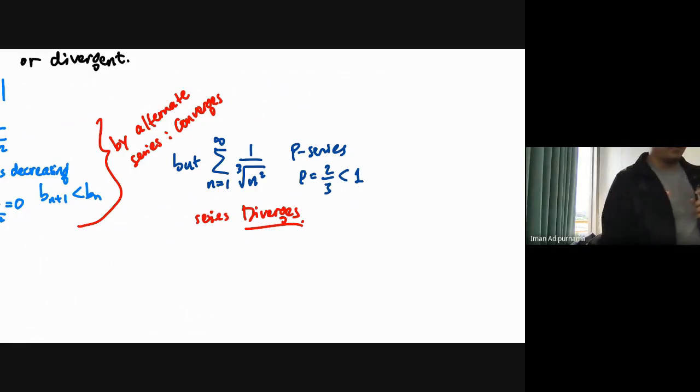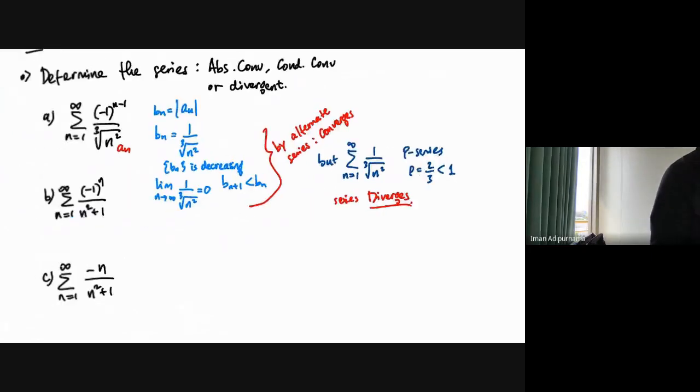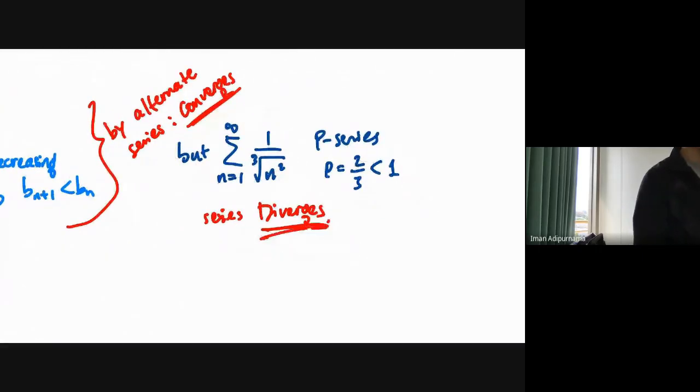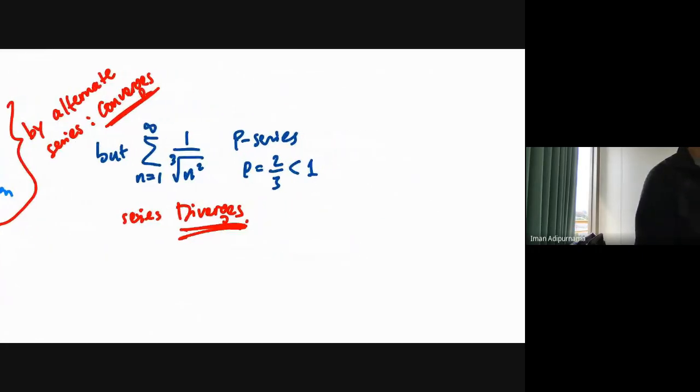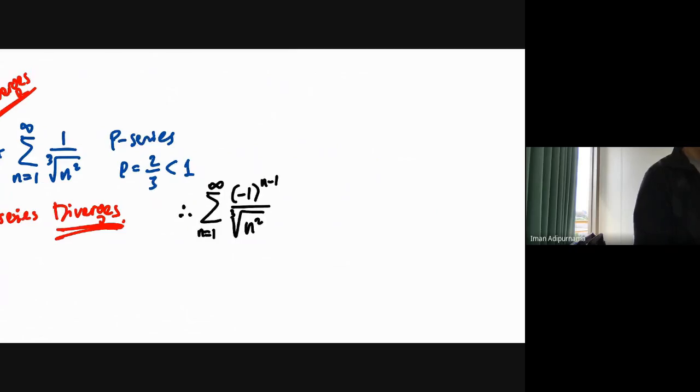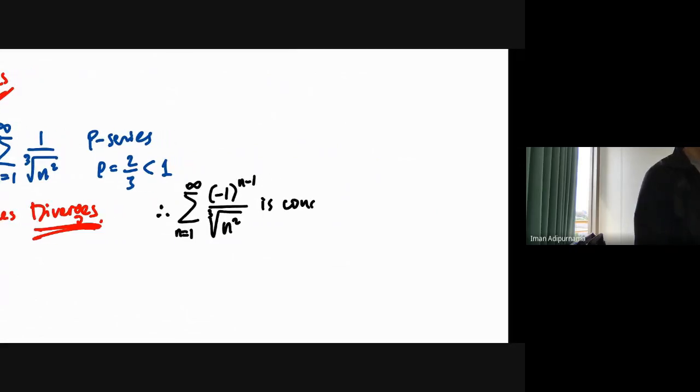So we have convergence for the alternating series, but the absolute value series diverges. So the conclusion is the series is conditionally convergent.